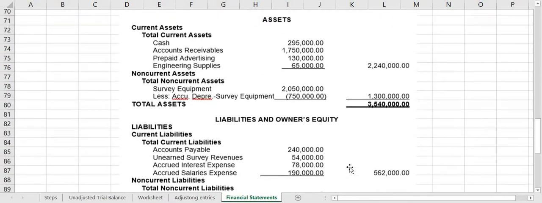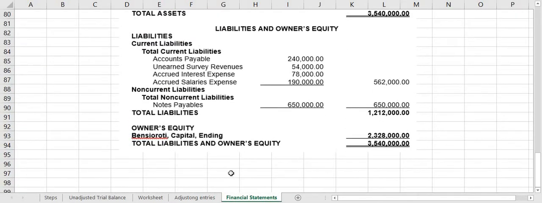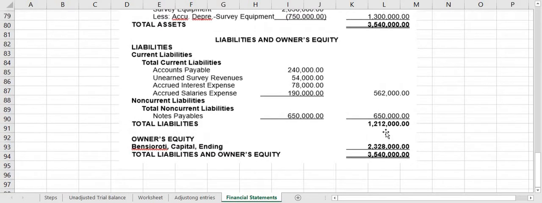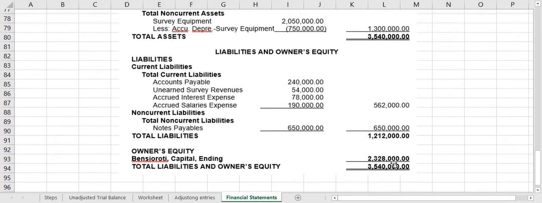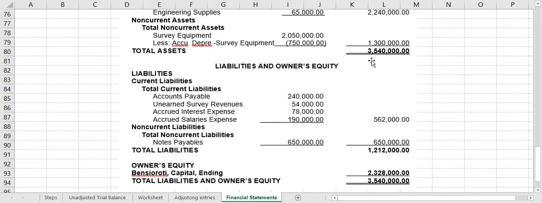Ito yung amount na magre-reflect sa ating balance sheet, particularly in the owner's equity section. So, when you add total liabilities plus total equity, that gives you 3,540,000. Of course, equal dapat yan sa iyong total assets, also 3,540,000.